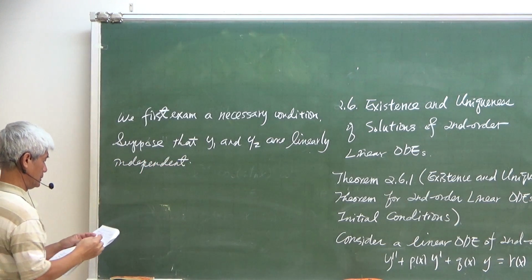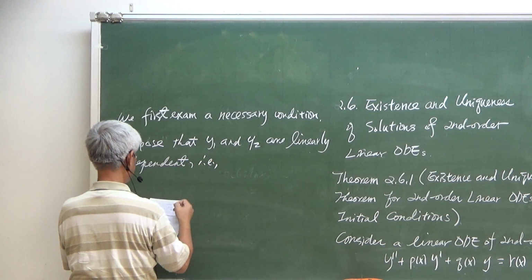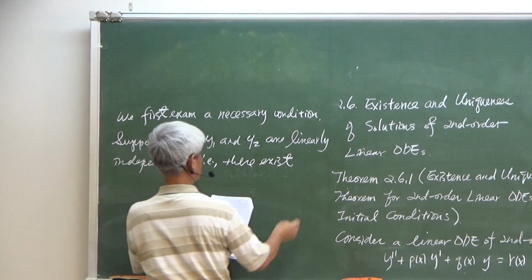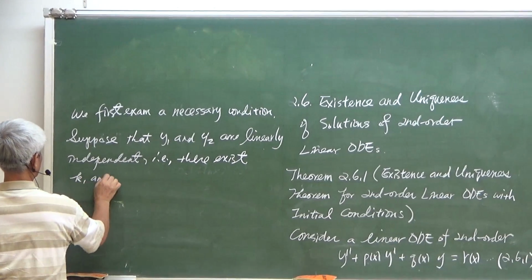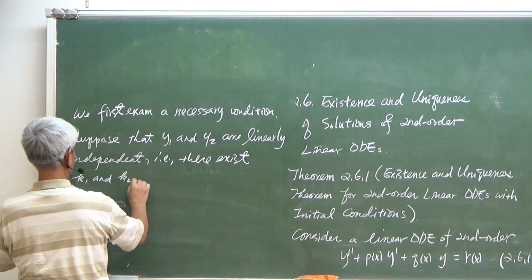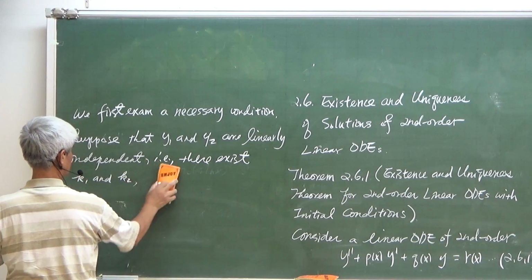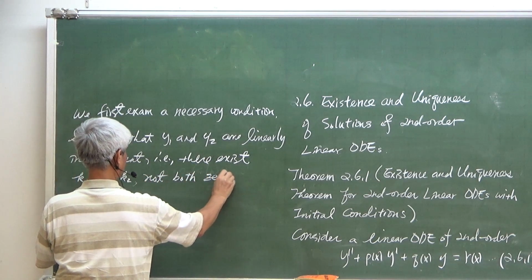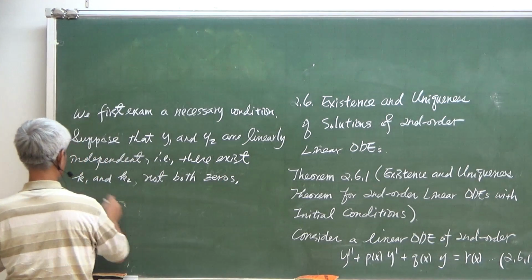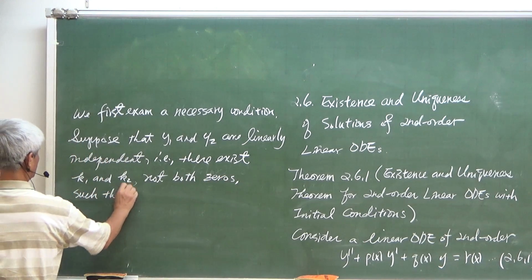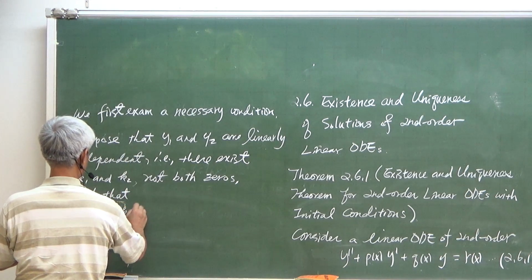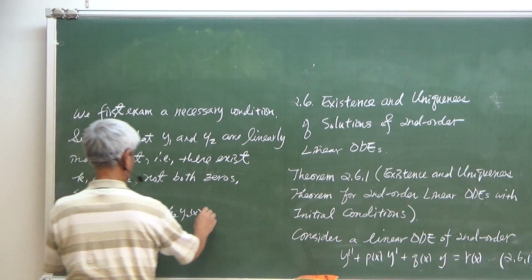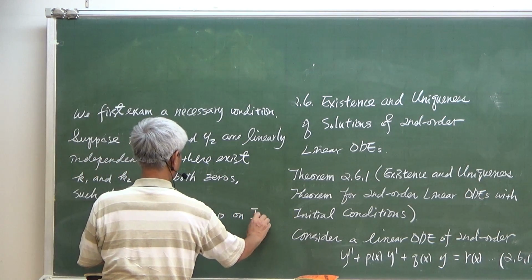Right? i.e., by definition, there exist K1 and K2 not both 0, okay, such that K1 y1(x) + K2 y2(x) equals 0 on I0.